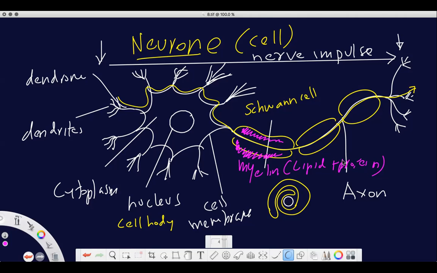Right, now let's see how this neuron can make a circuit. If they make a circuit, what are the changes of the neurons and how are they different from each other?